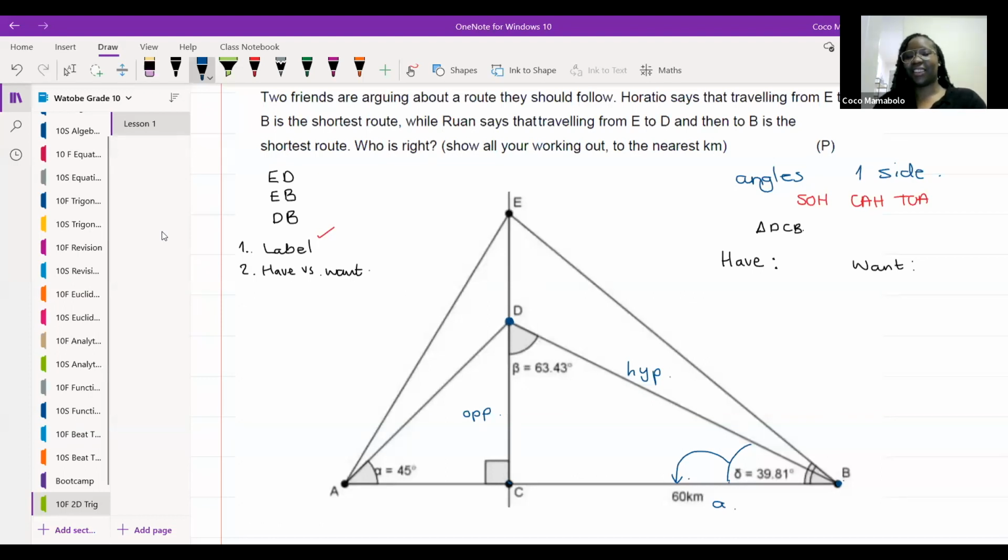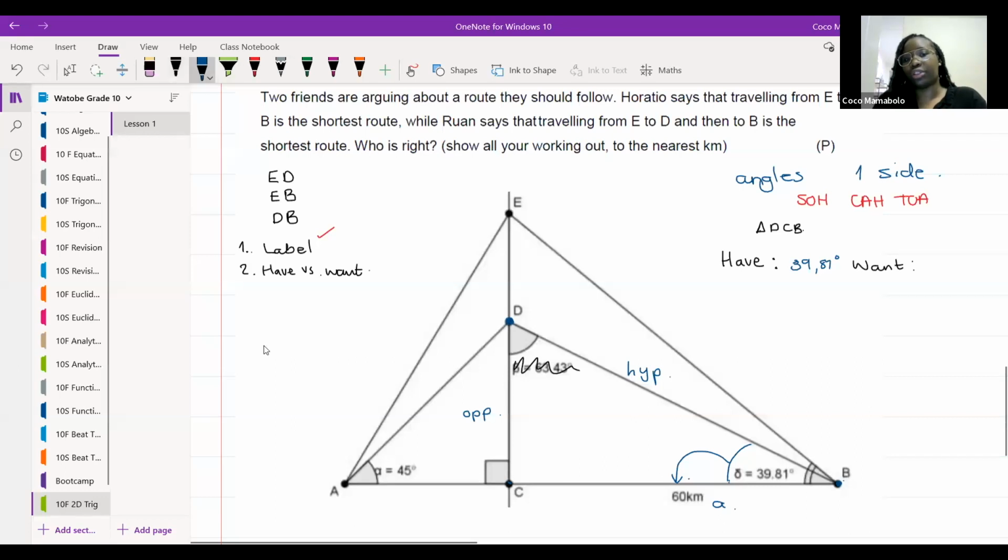Hi, how are you doing, Mawanda? Pretty well. Good. All right. Okay, tell me, what do we have? So we have two angles, and we have one side which is adjacent. Good. And 39,81. I'm only going to use the 39,81 because if we start using the other one, then this is no longer going to be adjacent. Do you agree?